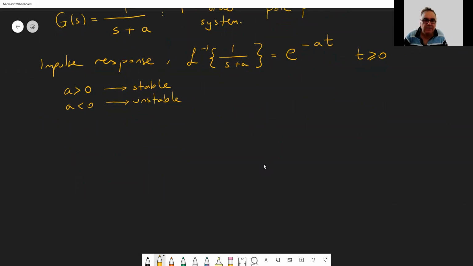Similarly, you might have different kinds of poles.